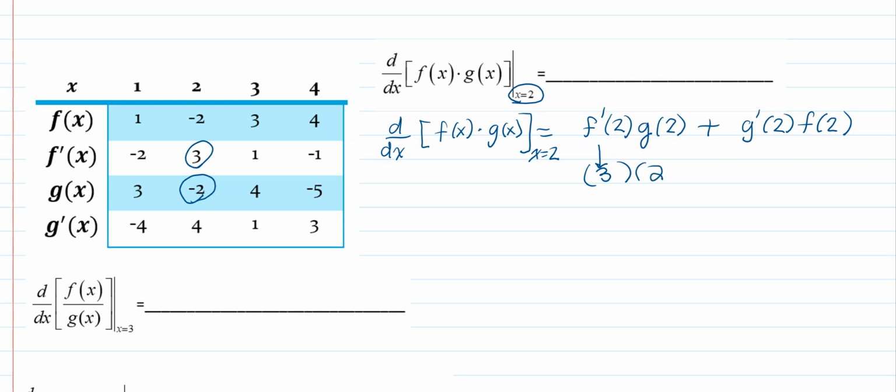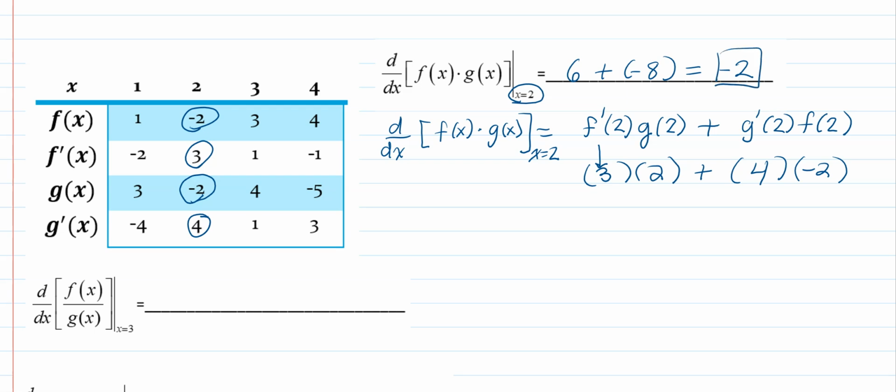And then plus, when x is 2, the derivative of g is 4. And then when x is 2, the function evaluated at 2 is negative 2. So really here you have 6 plus a negative 8, which is a negative 2, and that is your answer.